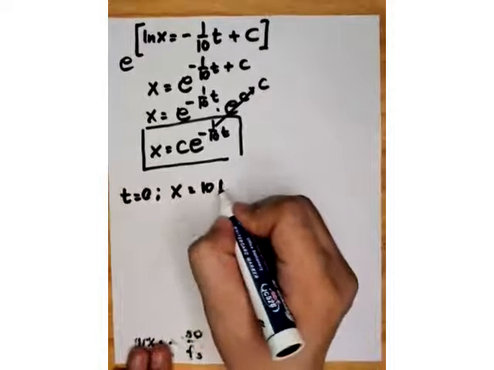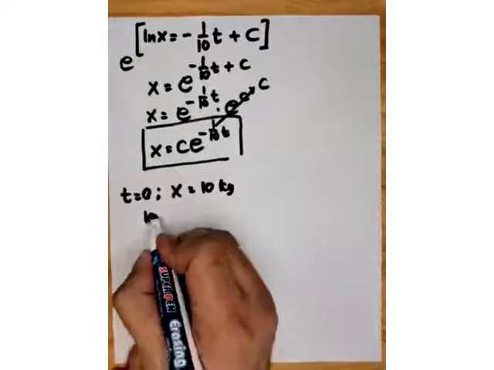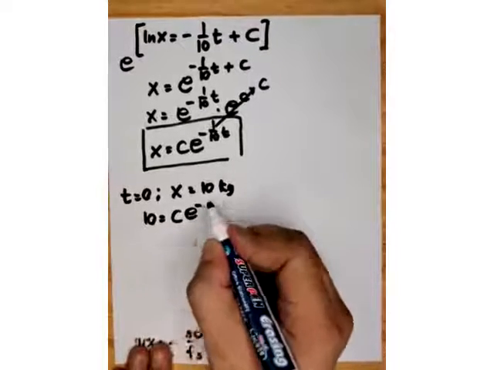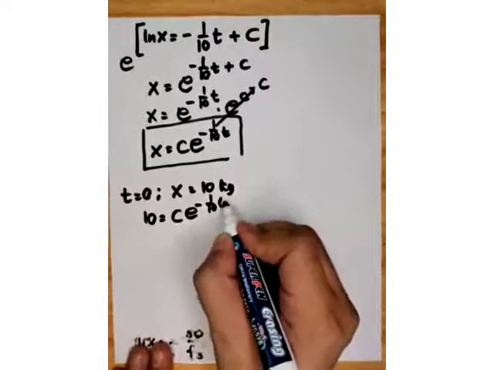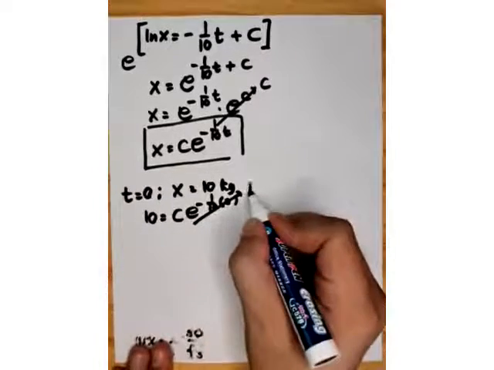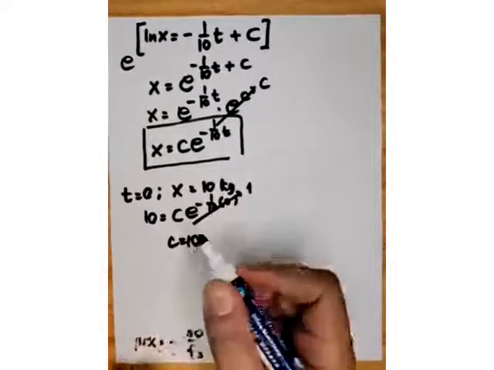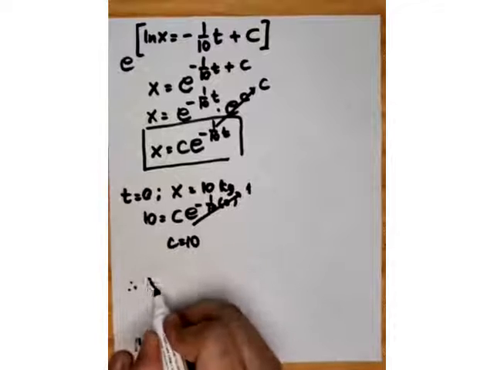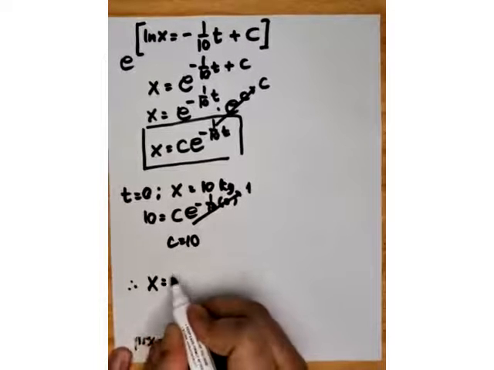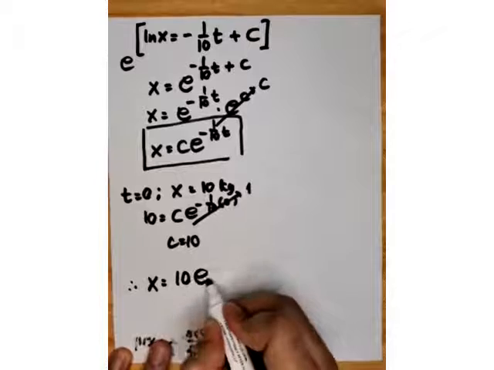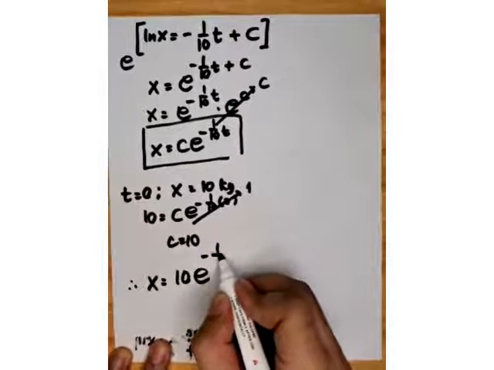So therefore, 10 is equal to C e raised to negative 1 over 10 times 0. So this is 1. So C is equal to 10. So therefore, our particular solution is x is equal to 10 times e raised to negative 1 over 10 t.